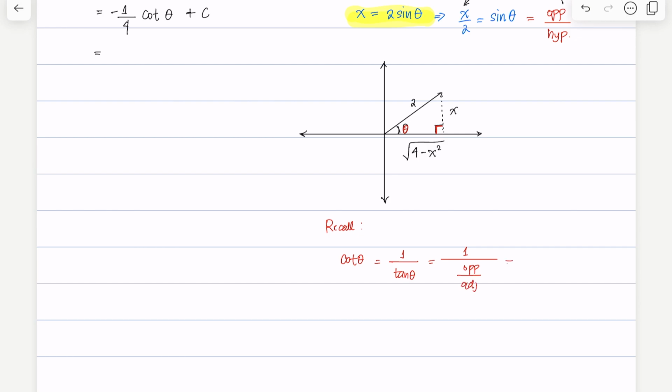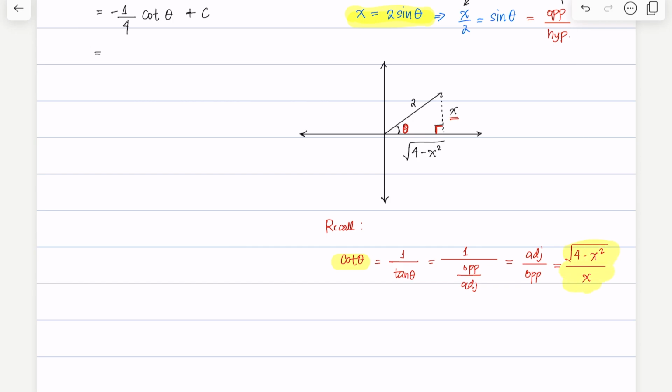This is telling me that cotangent can be expressed as the adjacent with respect to the angle all over opposite. Now, looking at the illustration, this will come very importantly here. With respect to angle theta, the adjacent side is this one. So you write the square root of 4 minus x squared all over the opposite. With respect to this angle theta, the opposite is this portion here. So you get all over x. Now this is telling me that the cotangent of theta is simply this one over here.